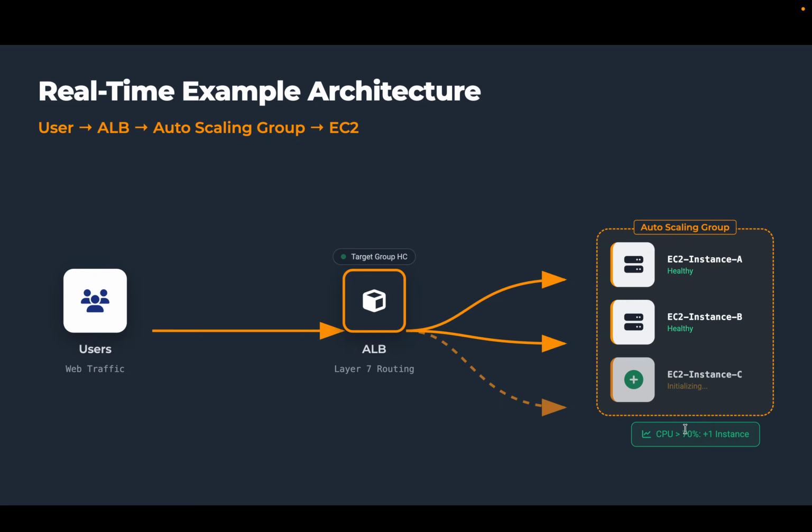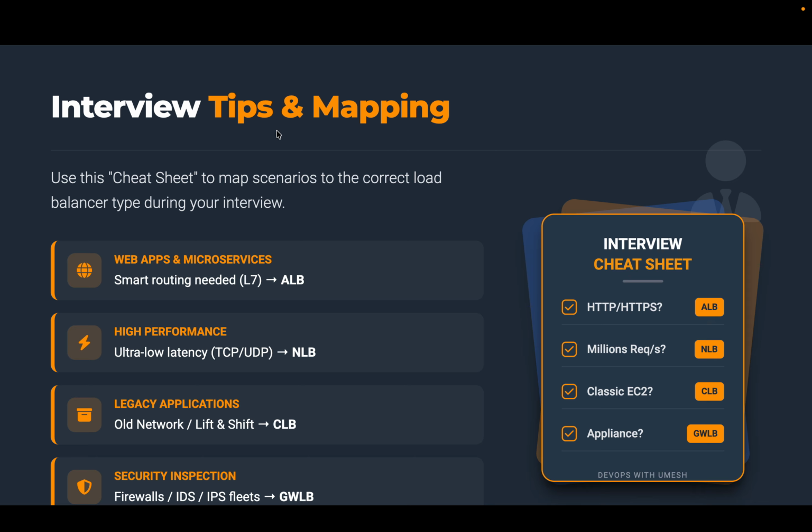And then the next slide is for interview tips and mapping. Usually the first decision is: am I routing HTTPS requests intelligently? If yes, it is an application load balancer.